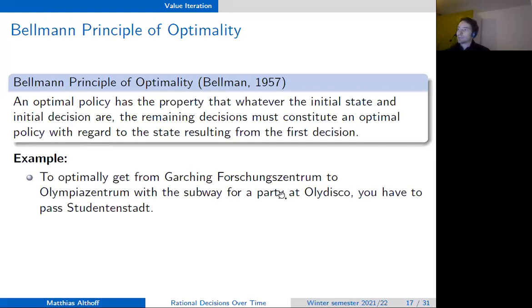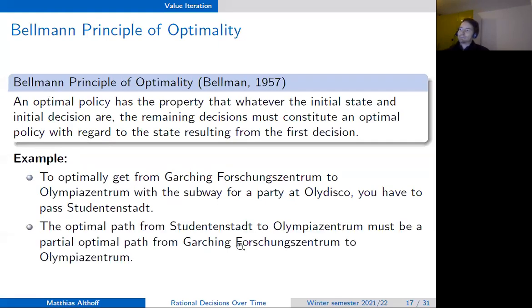For instance, you want to go to Oli Disco, and you are right now in our lecture, which would be in presence if the pandemic were over. Then you would probably take the subway and go to Studentenstadt, and from Studentenstadt you change. Then from there you take the bus and go to Olympiazentrum. I think that's still the fastest way.